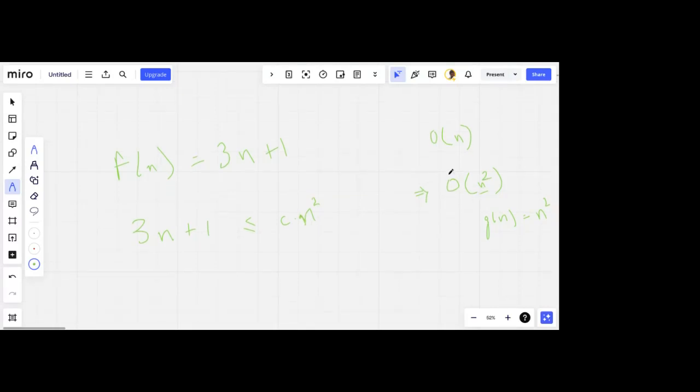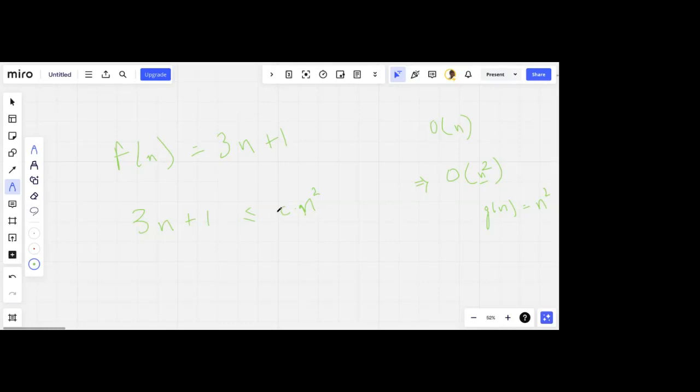You are saying I cannot write it like this, that means this statement will be false, right? But don't you think for all n greater than, let's say, 4, this statement is correct? Guys, just think about it.